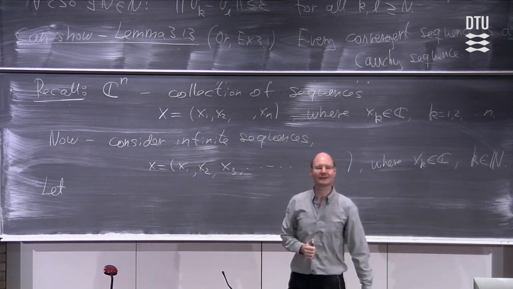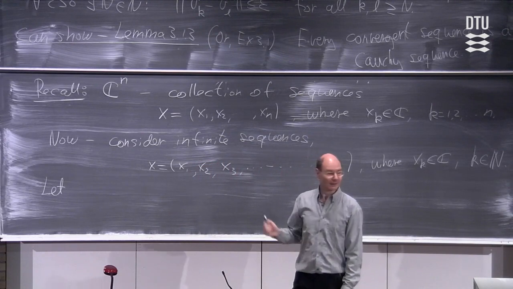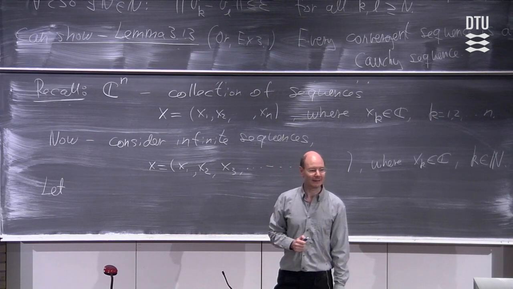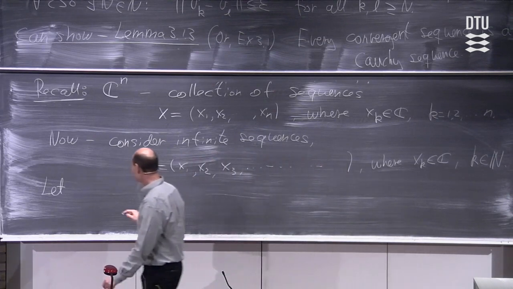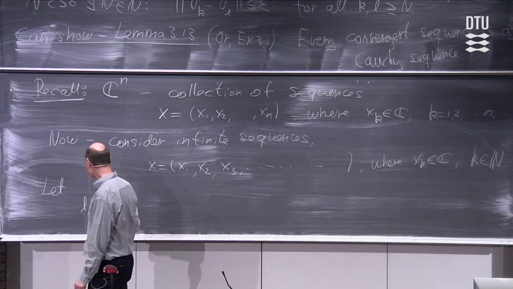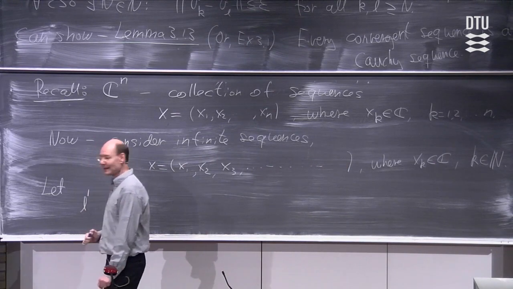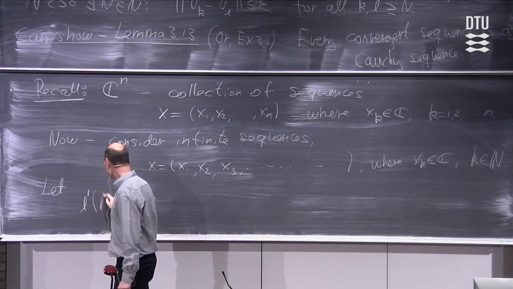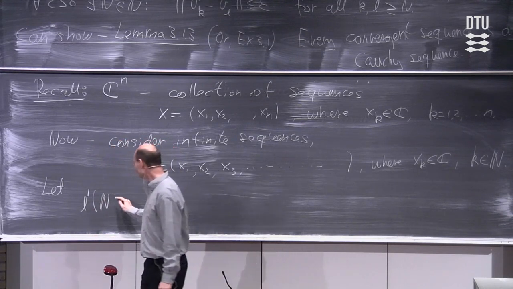We saw a couple of spaces of this type last time. The space I'll define now looks the same way, but it is written with a script l, again with a power, and then instead of the real numbers, we write the natural numbers.